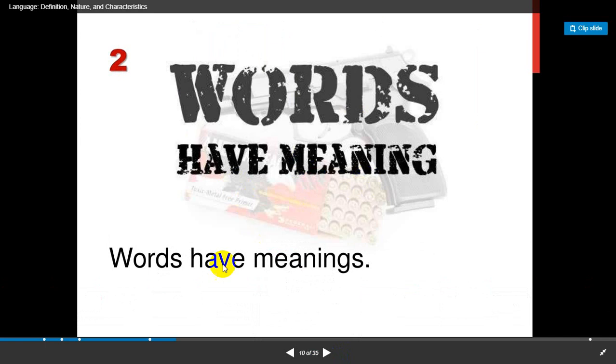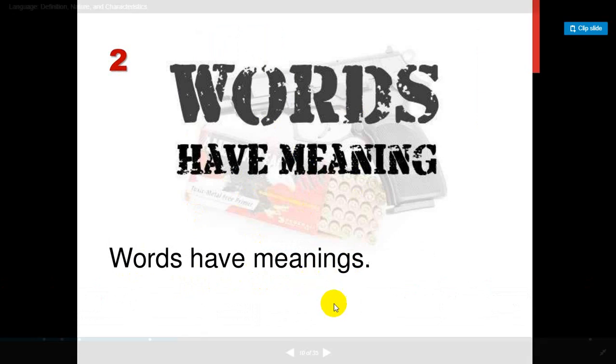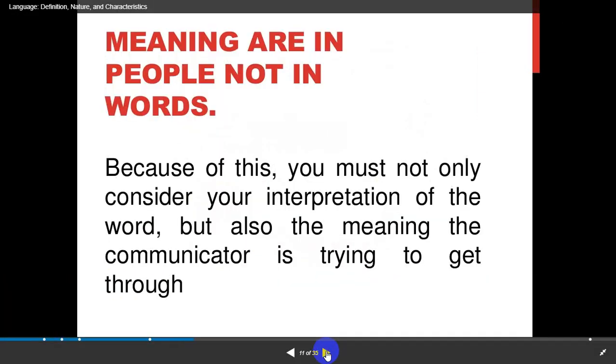Words have meaning. Okay. Words have meaning. Yes. You believe that words have meanings? Yes. Any word you use has its own meaning. Meanings are in people, not in words. Yes. So the meaning depends on the people using them, not in the word itself.